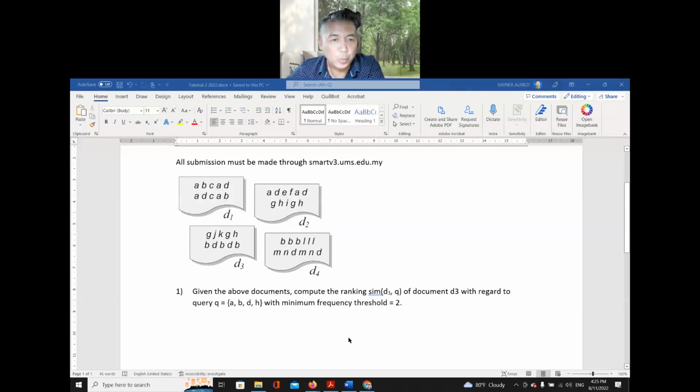Given Q, A, B, D, H, what do we need to do? The first thing that we need to do is establish the term set. Let me make it bigger so that you can see.